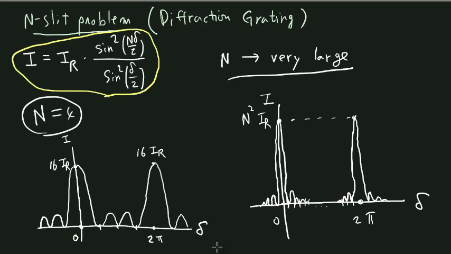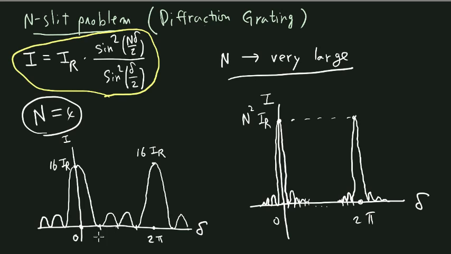Let me note some generic features in these graphs. One of the things that you can notice is that in general there is this peak corresponding to a maximum intensity, and then there is a local maximum here, sort of in between these two maxima.